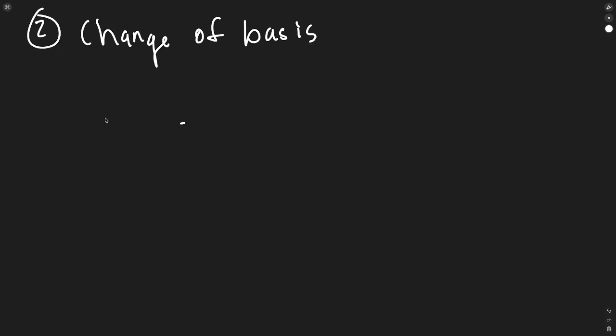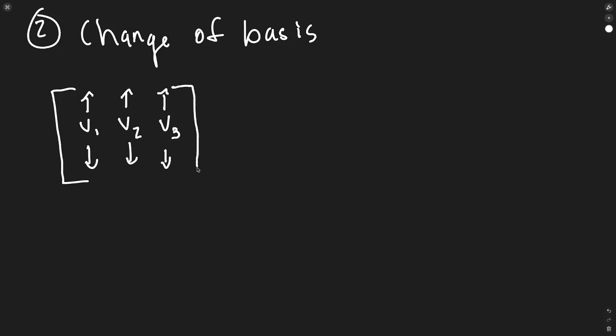Okay, so in a change of basis, if you have some matrix over here, let's say it has V1, the columns are your vectors, right? Then you have V2, this is a vector, and then V3 is a vector, just like this, right?